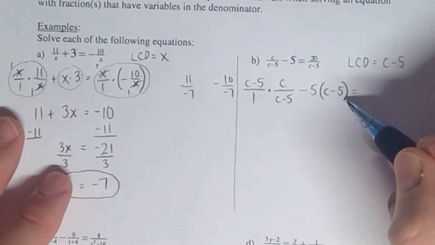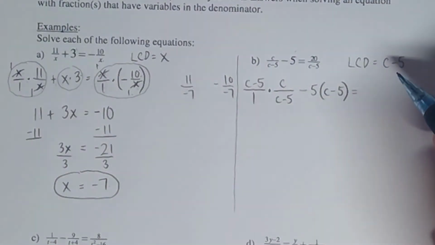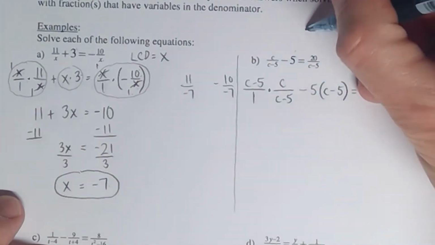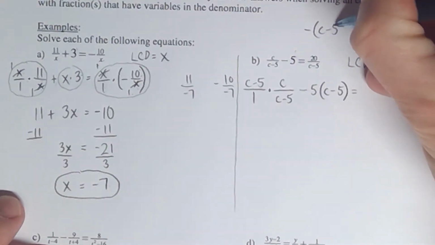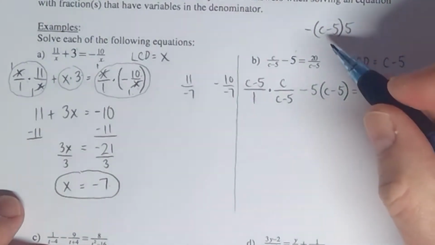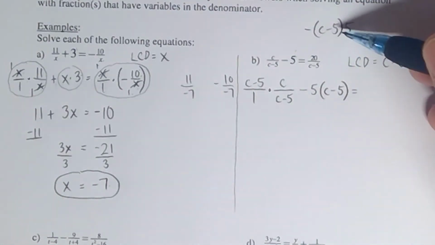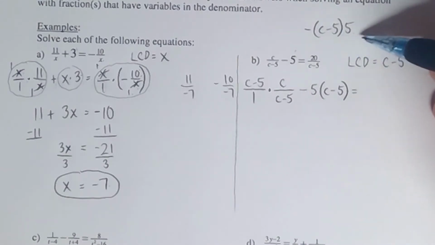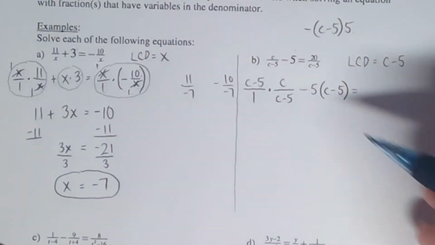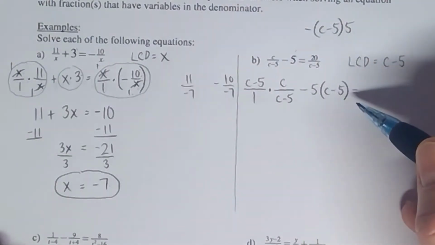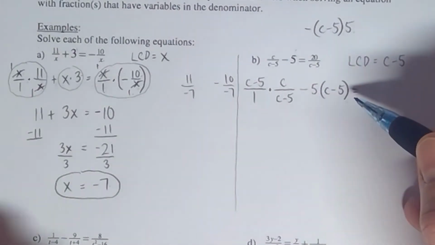You have to multiply by the whole thing, okay? You have to multiply by the entire LCD. But don't write it like this. Don't write it like this, you guys. This is very confusing as far as what you do in the next step. It is true that the LCD is being multiplied by 5. You just don't want to write it in that order. It's much easier to write it in this order because we're used to having the term in front of the bracket.